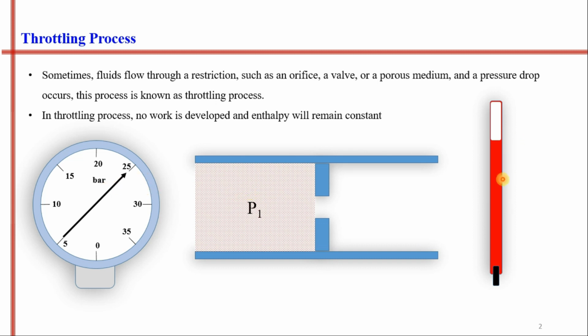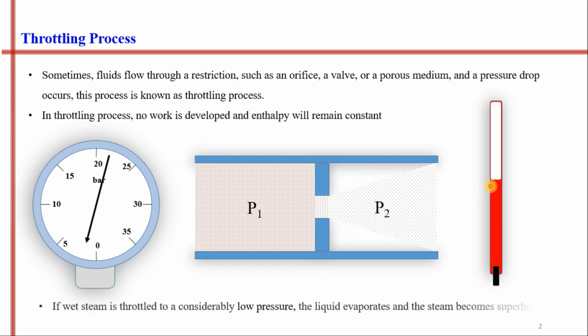As soon as the steam flows through this restriction, there will be a drop in pressure as well as temperature of the system. But the enthalpy of the system at this pressure will be equal to the enthalpy of the system at this reduced pressure.